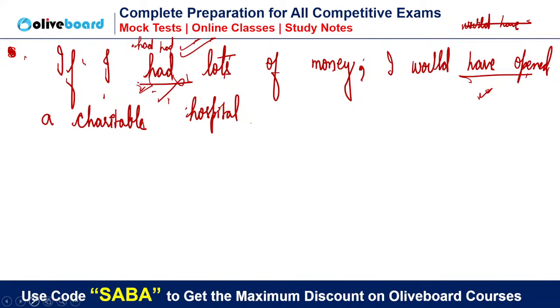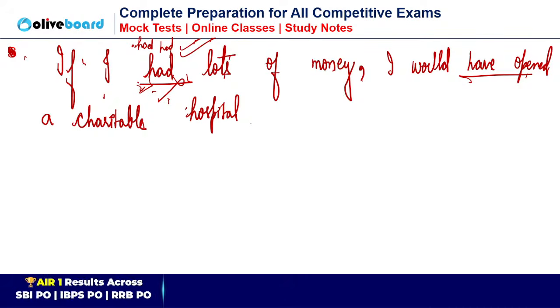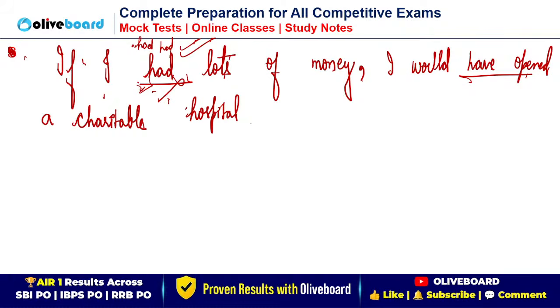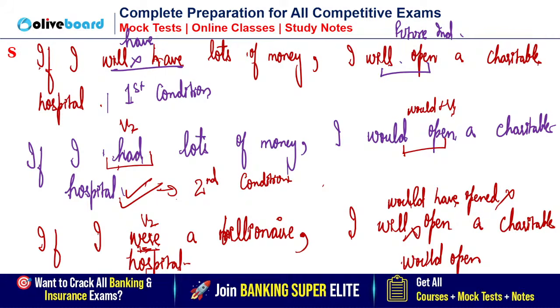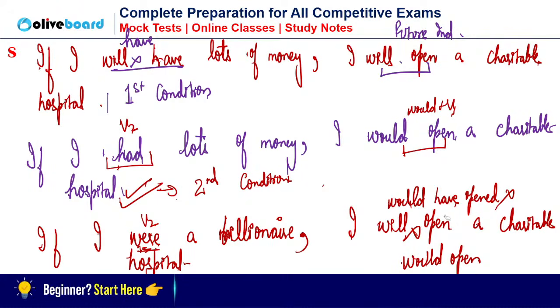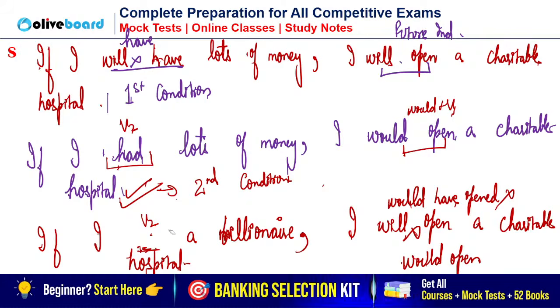Is my point now clear to everyone? Saurabh? Now you tell me. See here, is it possible to change it into would open? Sorry, here is it possible to change it into had?